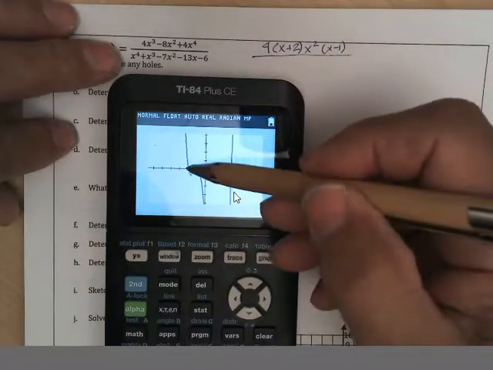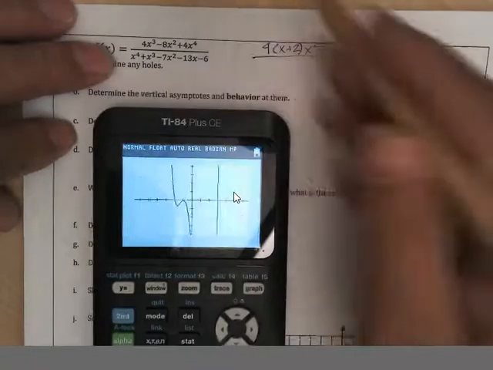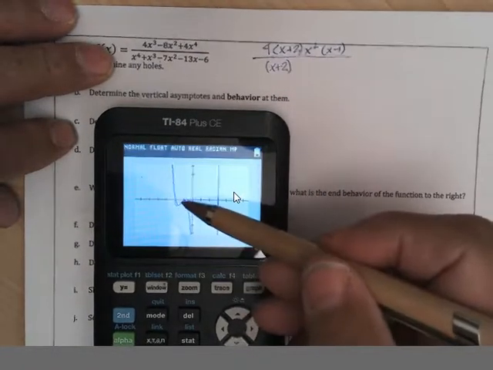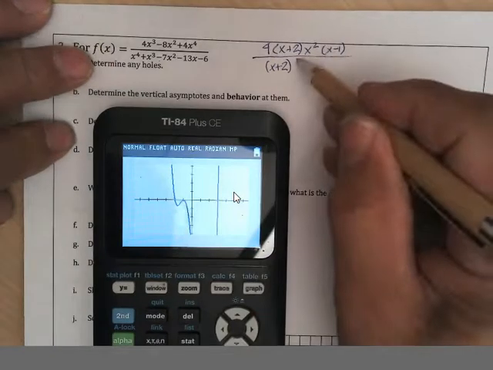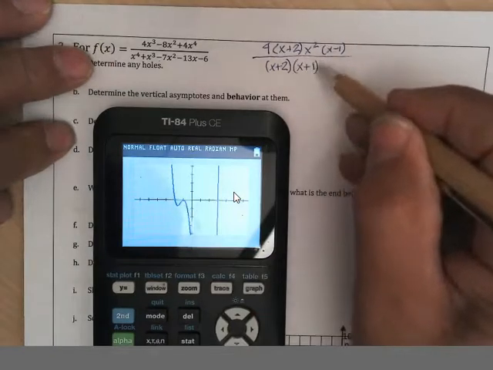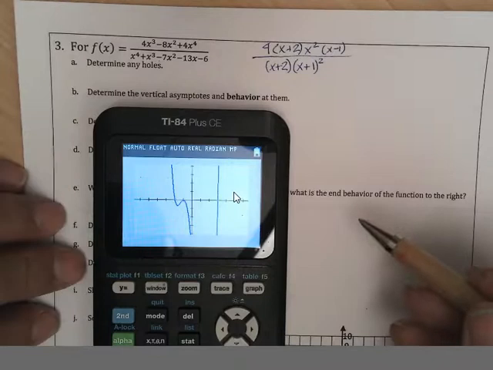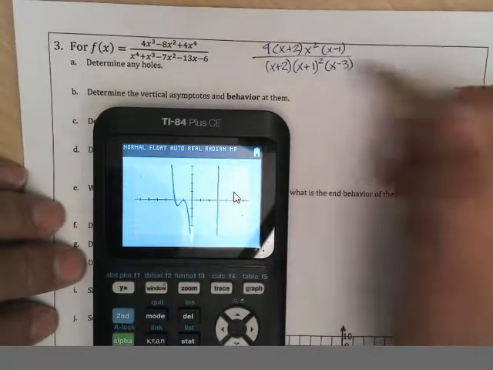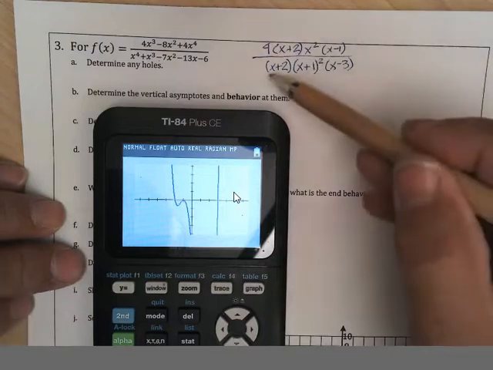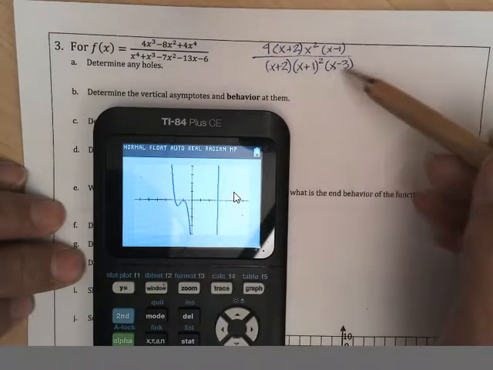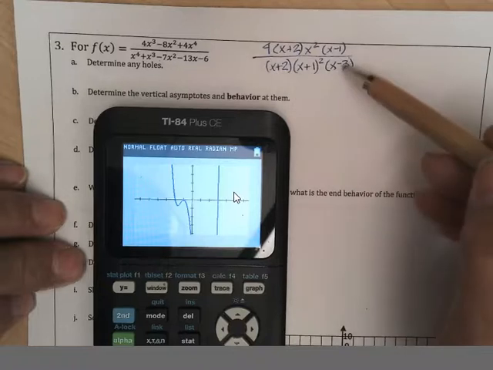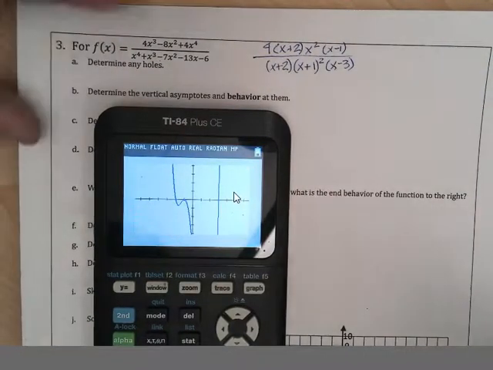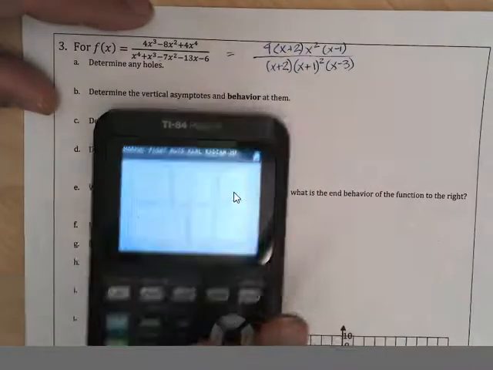And this one goes through -2, so that means x plus 2 is a factor, and it goes straight through. It bounces at -1, so x plus 1 is a factor twice. And it goes through +3, which means x minus 3 is a factor. Leading coefficient on this would be x times x times x times x, x to the fourth, one of them. And that's what we have, so we don't have a constant there. So there's the factored form that I gave points for.